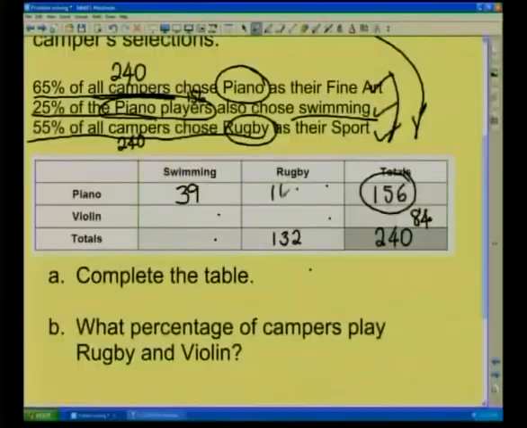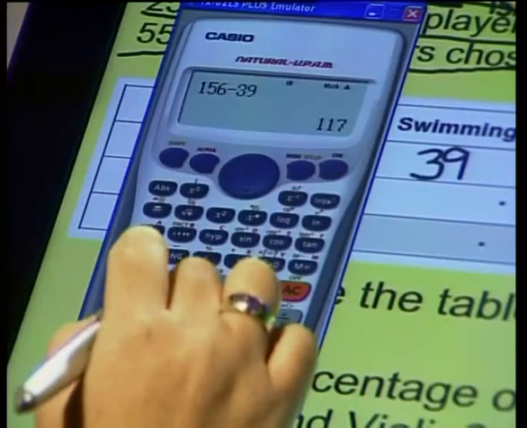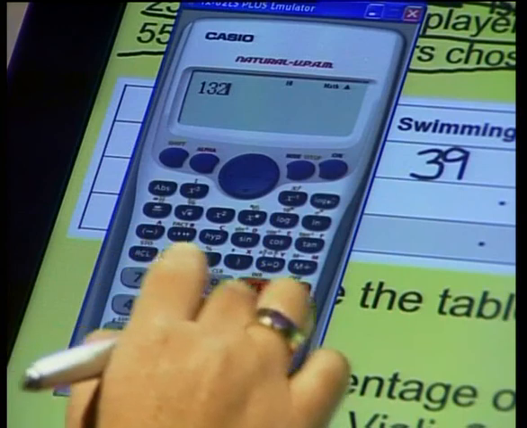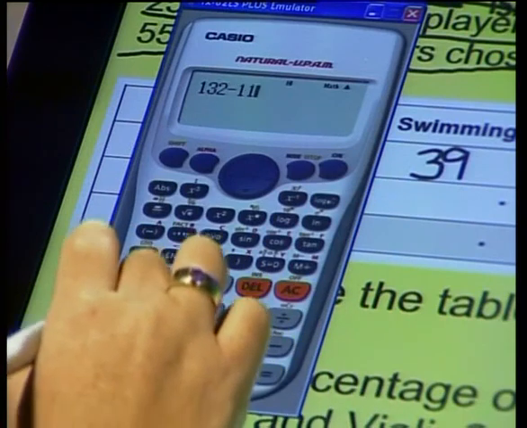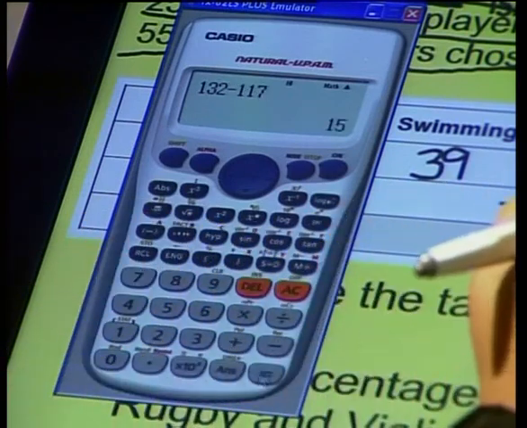That'll be 117. To work out how many played rugby and the violin would be 132 minus the 117, which is 15.